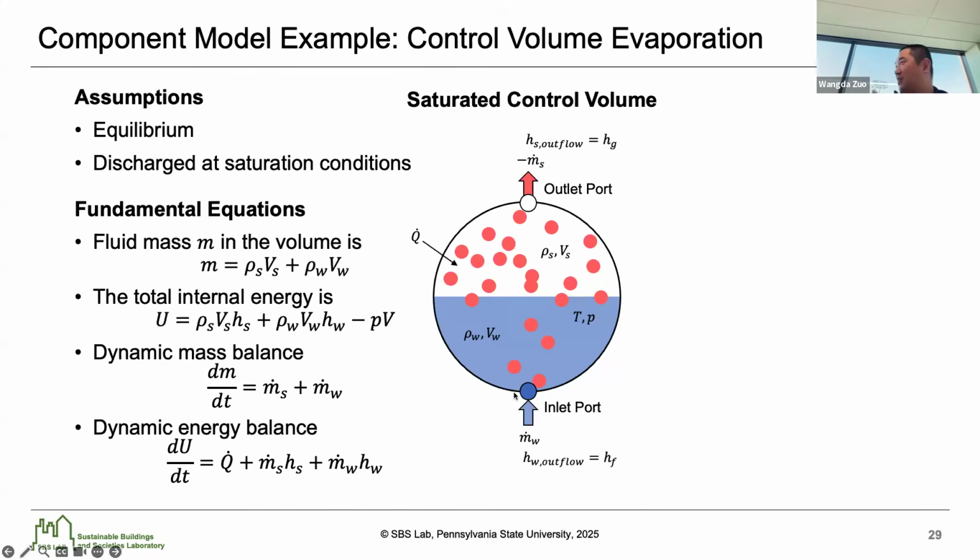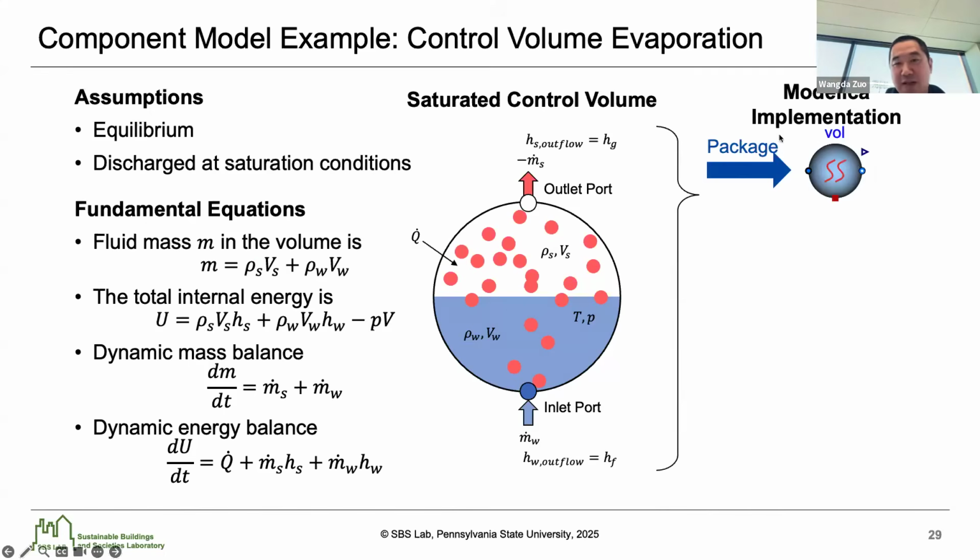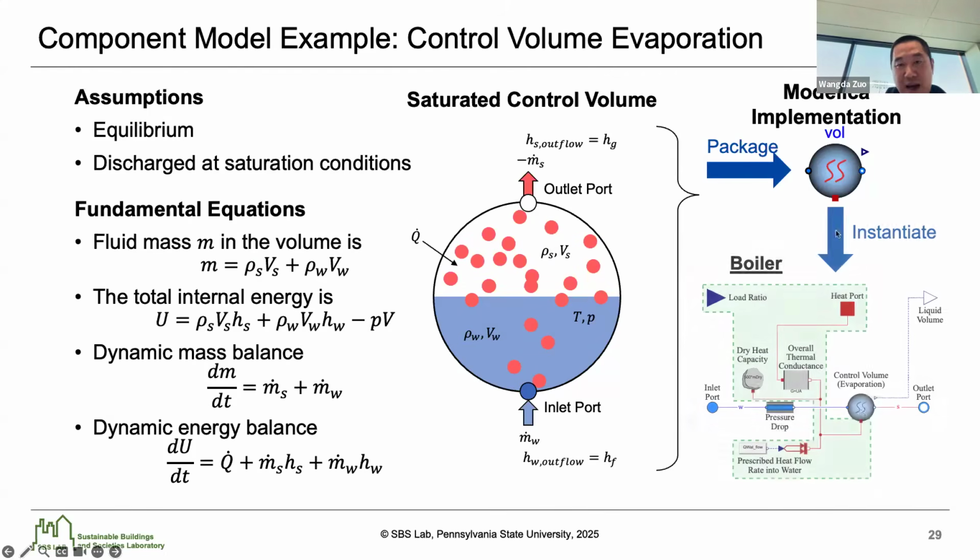Forget the phase changing process, but make sure the outside looks consistent. By doing that, you can package it, and you get our new volume model. Then with this model, you can add the heat transfer process, for example, to study how much gas you need to burn to provide the amount of heat you inject into this steam. Then you package them, and you get a new boiler model.